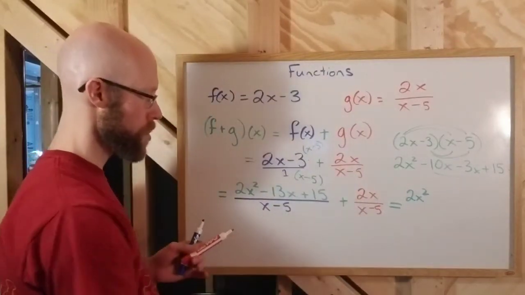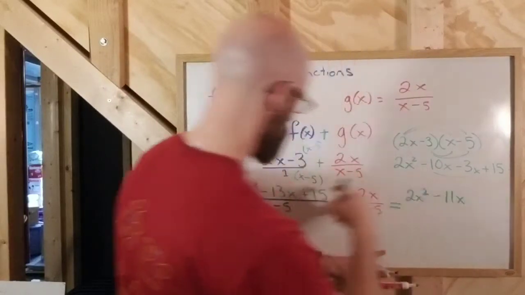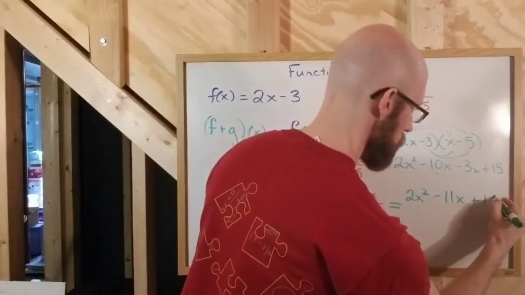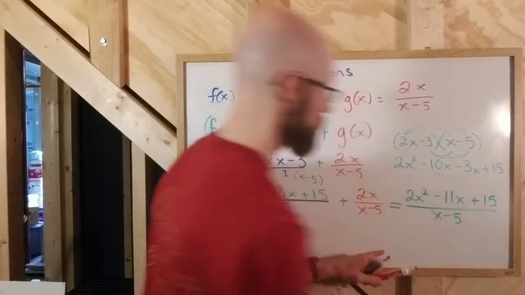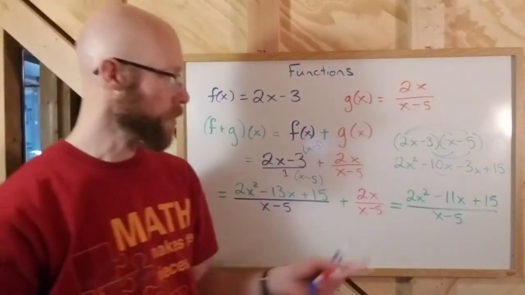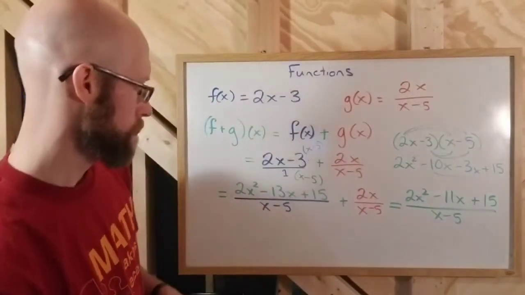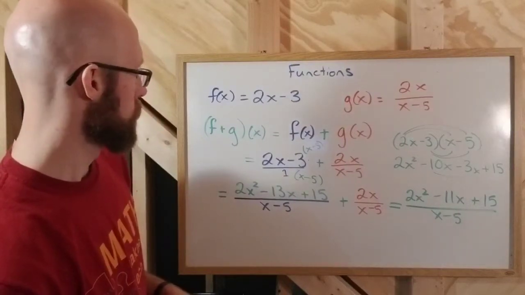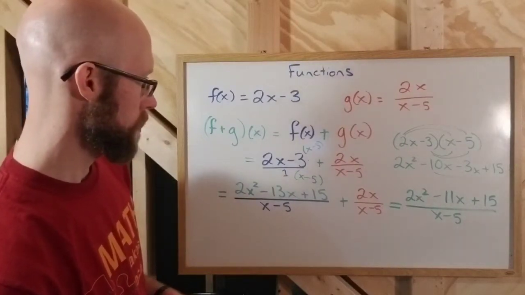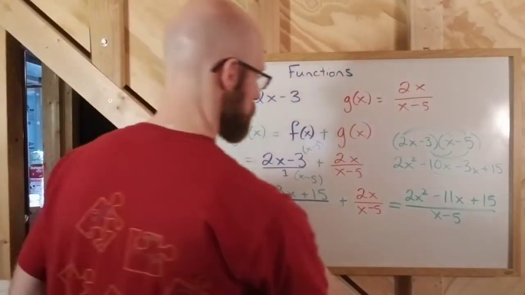Minus 13 plus 2 is minus 11, so it'd be minus 11x plus 15, all over the x minus 5. Now, if this factors and reduces, we could do that, and I think this one actually reduces nicely.